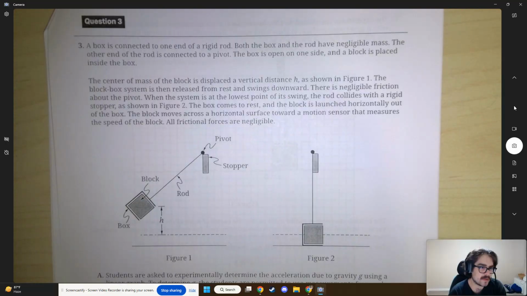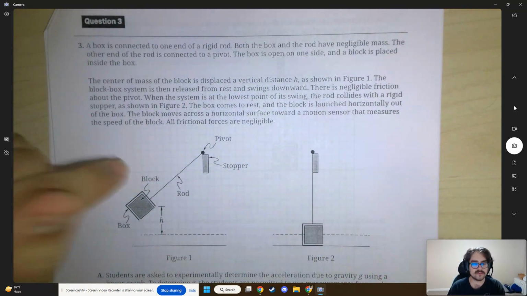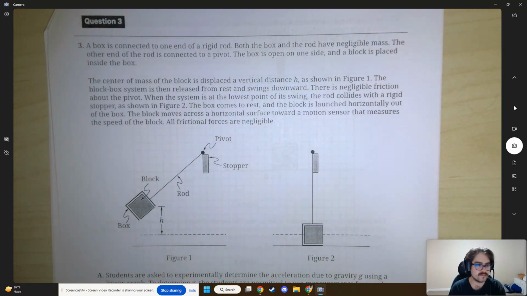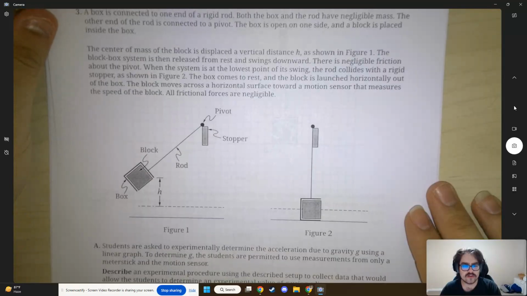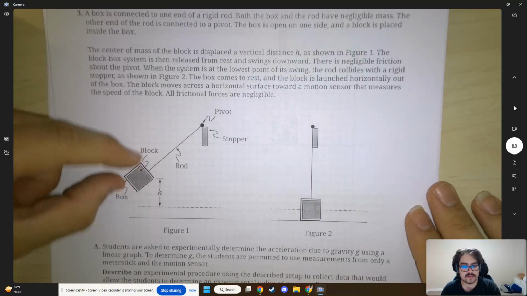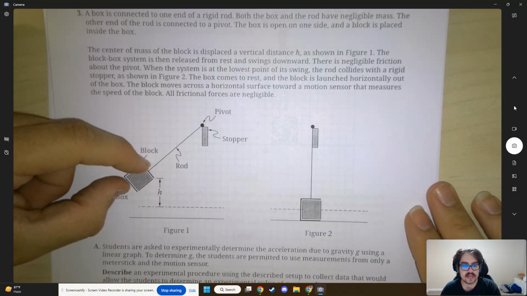This looks like a pendulum problem, but it's actually not. It's actually an energy problem. We did energy with an oscillator in the previous one, but now we're doing energy with not even really a pendulum. This is actually your experimental design question. A box is connected to one end of a rigid rod, so you have a block in this little box, and then you have it connected to a rod.